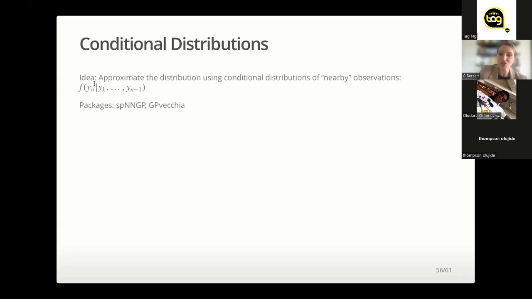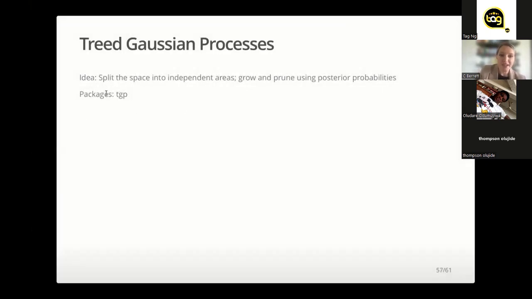We have some conditional distribution approaches, SPDE, nearest neighbor Gaussian processes. This is a Bayesian approach. GP Vecchia is also a conditional distribution approach. Treed Gaussian processes divide the space up into independent areas and combine them. It's like a combination of CART and Gaussian processes, and it grows and prunes the trees based on some posterior probabilities.